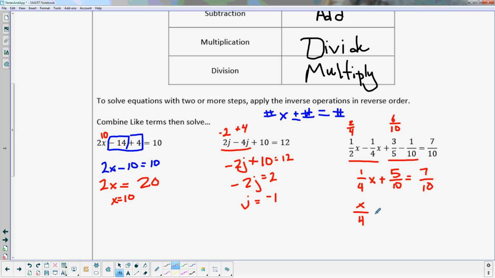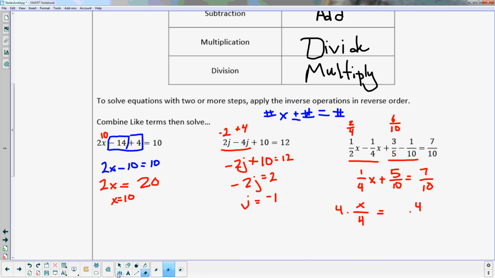But when I subtract 5/10 to the other side, I get 2/10. And then I just need to multiply by 4 on both sides. It might be easier to see this one instead of 2/10. It's not necessary.